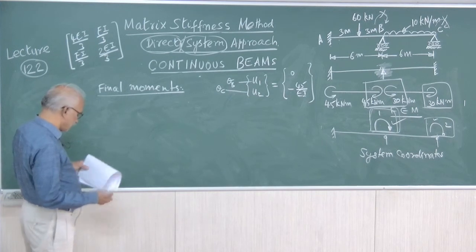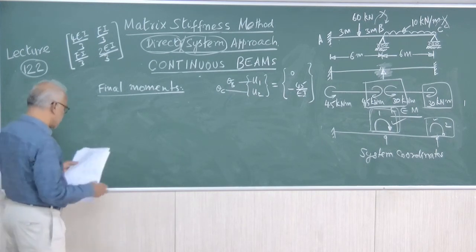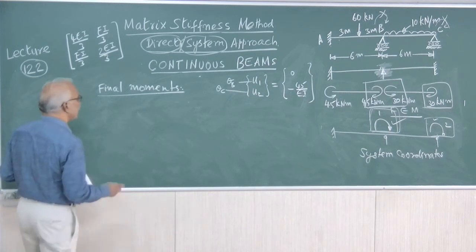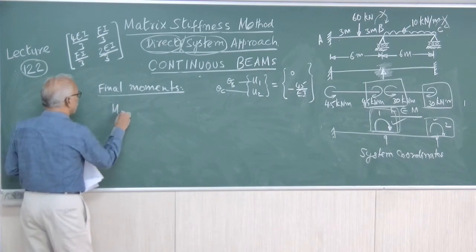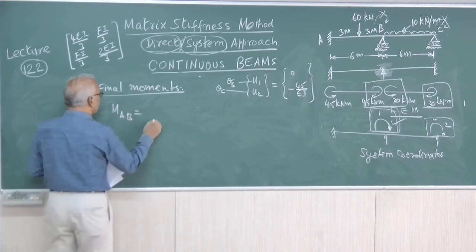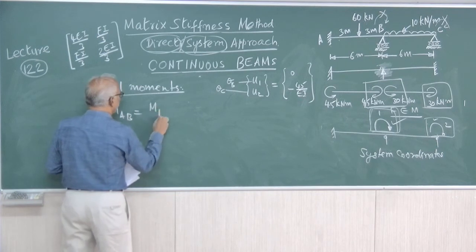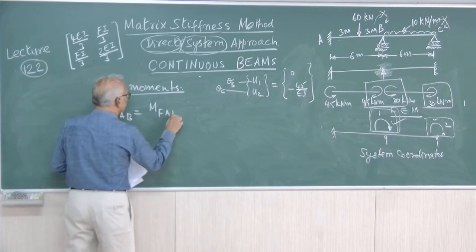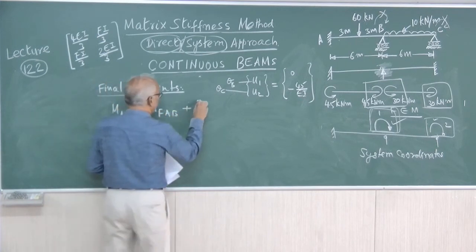Anyway, coming to the final moments, the final moment MAB equals MFAB. This is our familiar slope deflection equation.